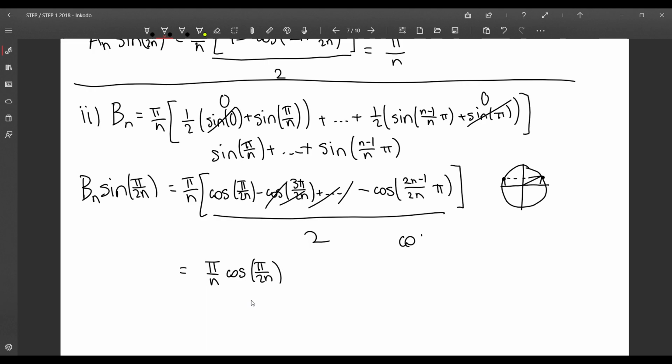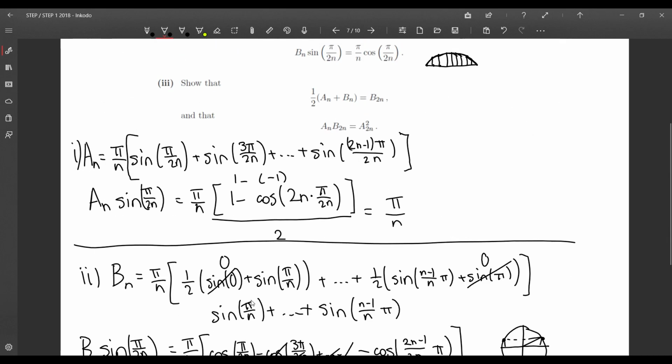So what I mean by that is that cosine of 2n minus 1 over 2n pi is equal to negative cosine of pi over 2n. But we have this minus sign, so that contributes an extra term, cancels with the 2, and we get exactly what we want.